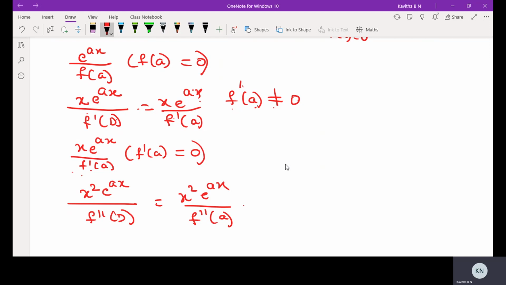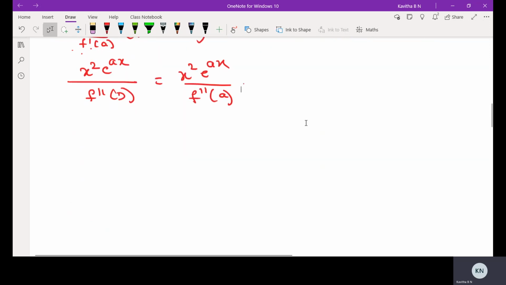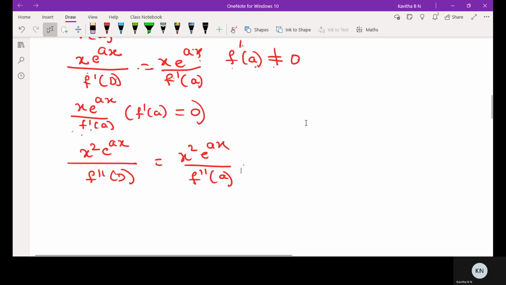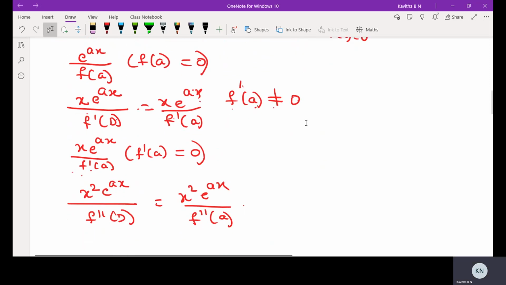If f double dash of a is equal to 0, multiply by x in the numerator and differentiate the denominator again. Understood the concept? Any doubt?